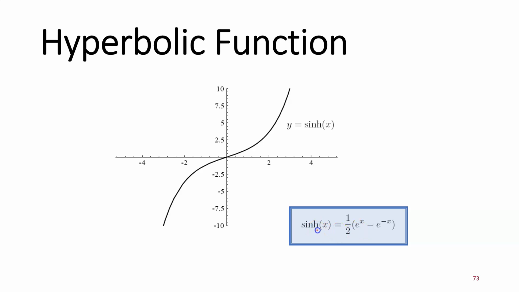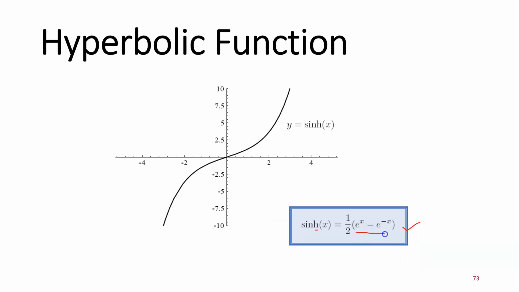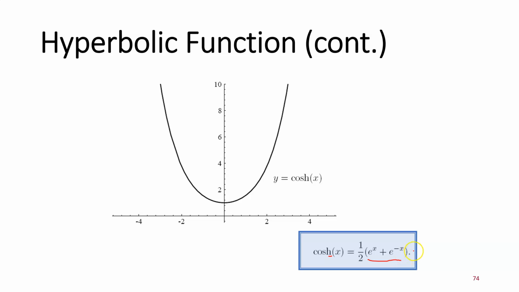Sinh has an extra h at the back because it involves exponential. So this is the fixed formula for sinh x. Okay, they involve exponents. And also cos, previously we have cos, now you have cosh. So when there is an h, it means you have this extra. Same for this one, you have this extra. So this is the fixed formula.